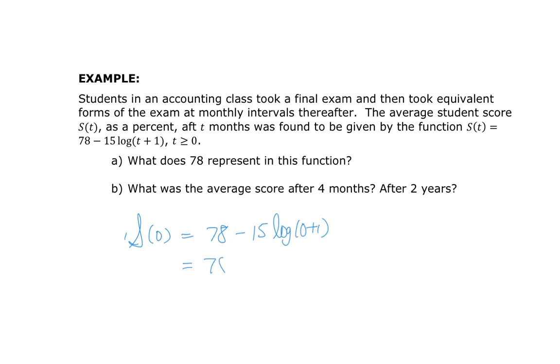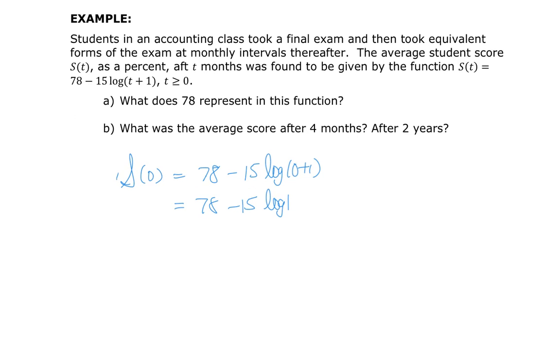So this would be 78 minus 15 times the log of 1. But we know the log of 1 is 0, so this equals 78. So that tells me that this is the initial average for the final exam.